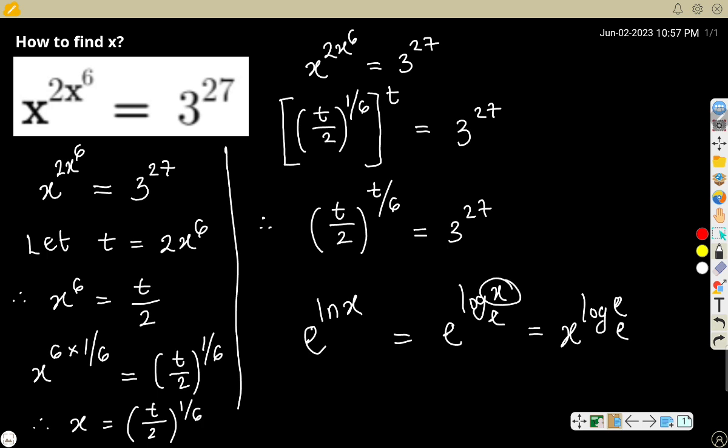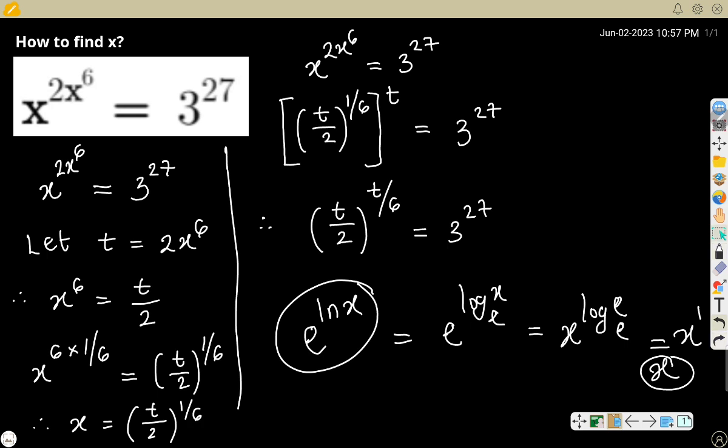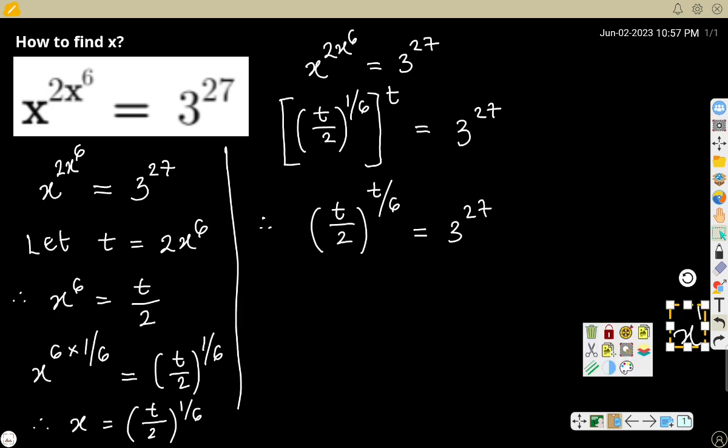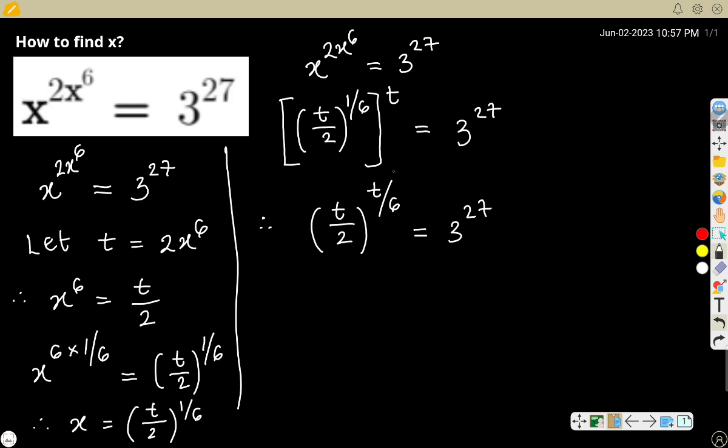That is, this x can come to this e like this, and this e will go to the position of x. So you can see the rule clearly. So this is log e to base e, which is 1. So that is x raised to power 1, which is x. That means e raised to power ln x is x. So this is the technique we are going to use to solve this exponent if we apply the e, because that is the definition of Lambert.